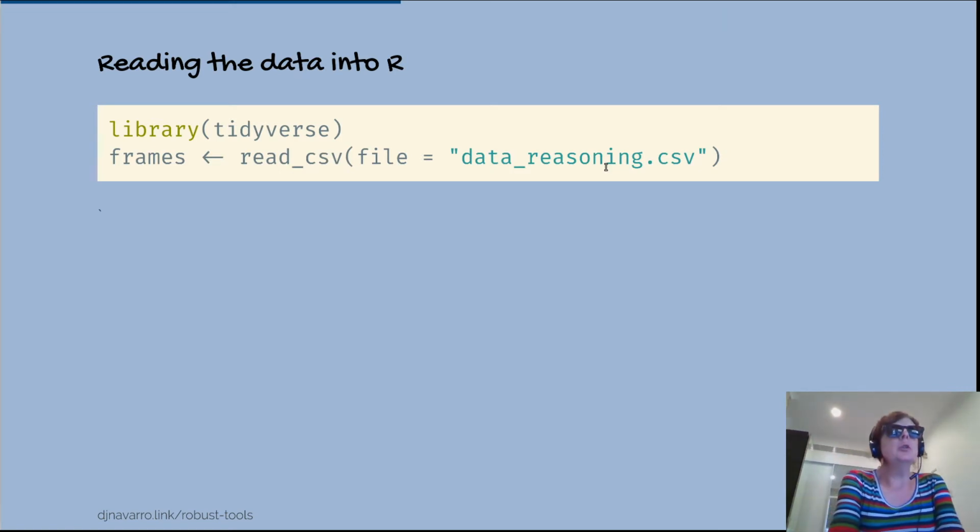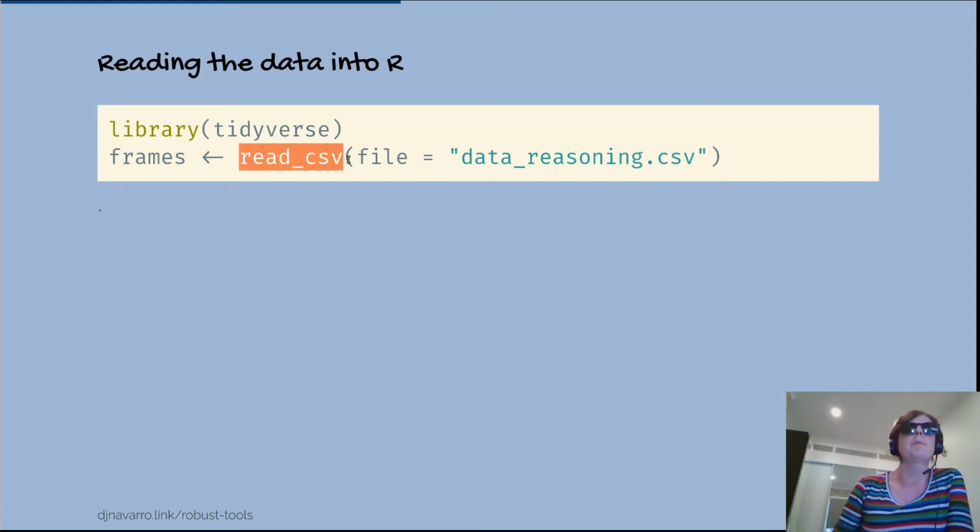Okay, so as always, remember we're doing all of this stuff using a tidyverse approach. So if we were writing a script to do this, we would make sure that the first thing we do is load the tidyverse using the library function. And then all you have to do to load the data is use this function called read_csv. And all you need to do there is pass it, again using the technical term here, one argument.